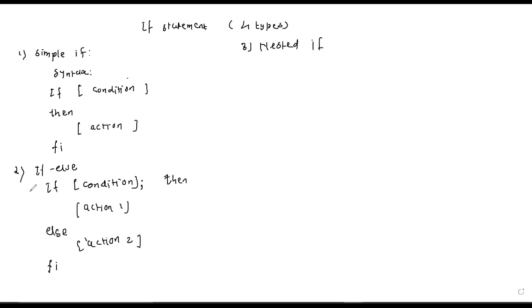If we start with if, then we must finish with fi. So in a nested if, we have more than one condition, you may have two conditions or more than two conditions. See, in this case the syntax will be like this.